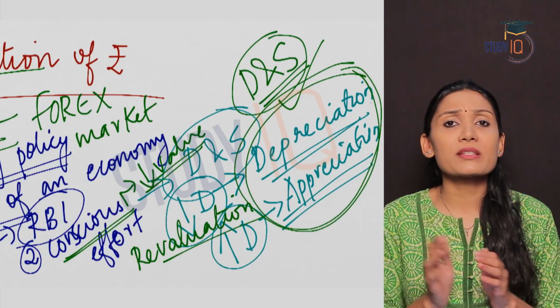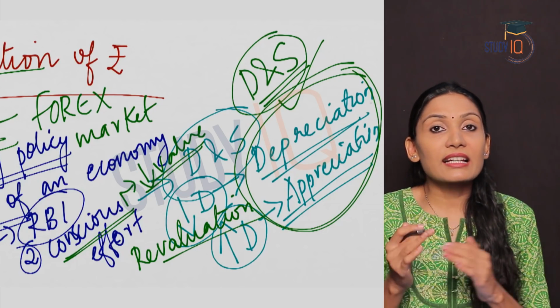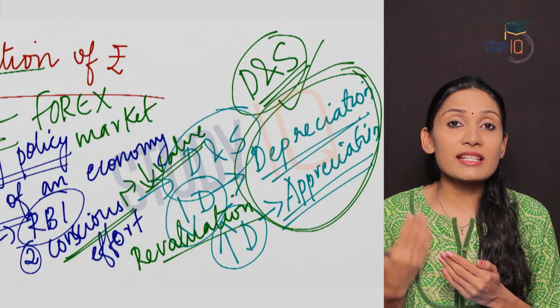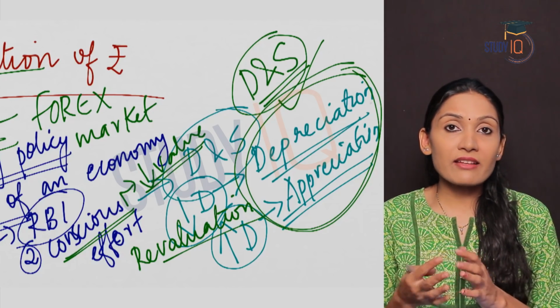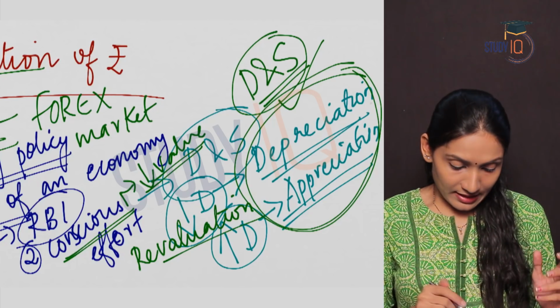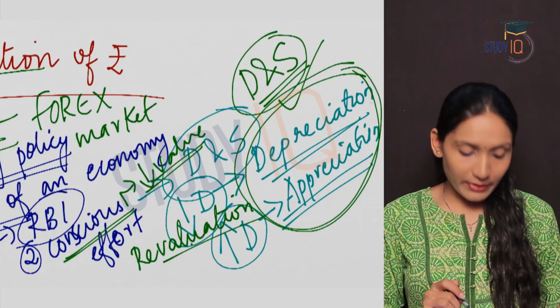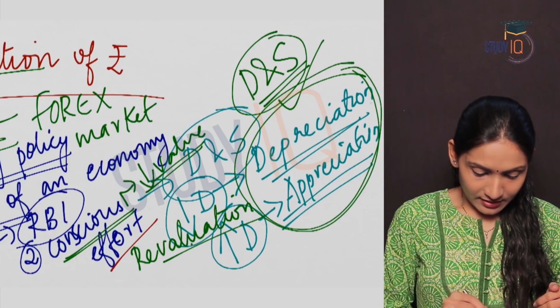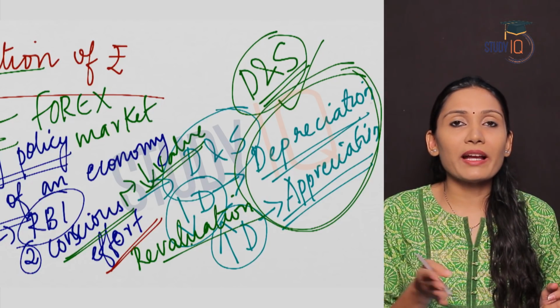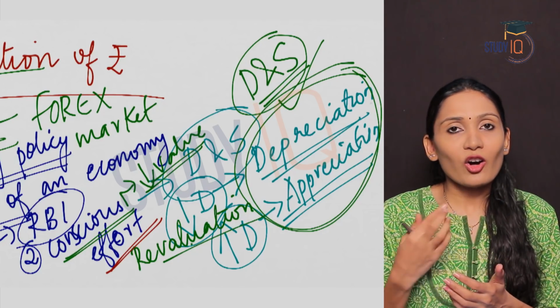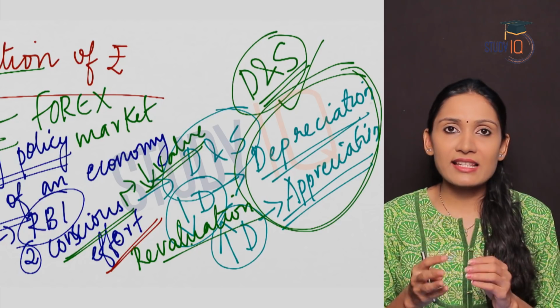This is just the opposite of devaluation. It means the Reserve Bank of India or the central bank of an economy consciously tries to increase the value of the currency. So this is revaluation, and our topic for discussion today is devaluation. Hope this is clear. So why would the Reserve Bank or the central bank devaluate a currency or decrease the value? All these things we will discuss later in this session itself.